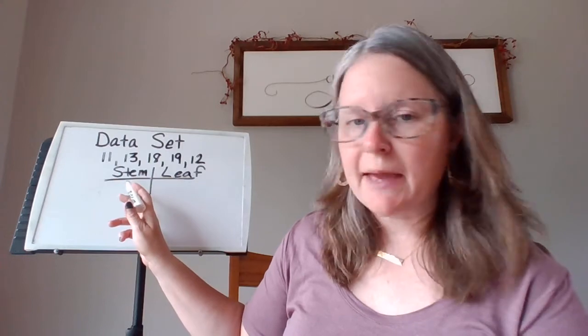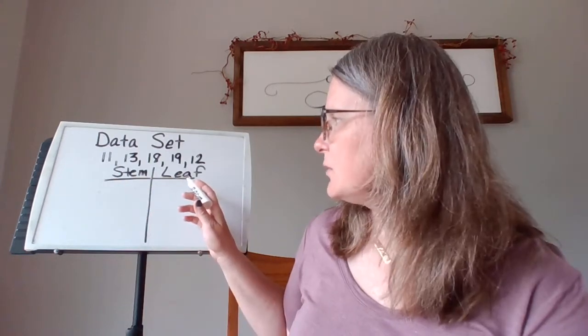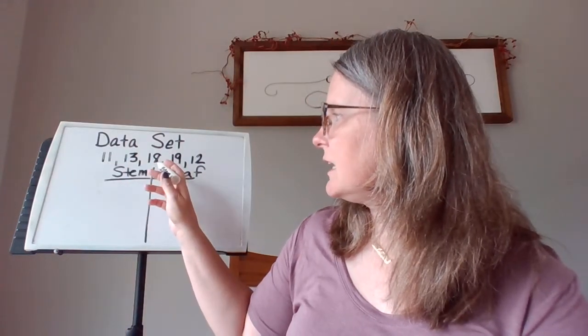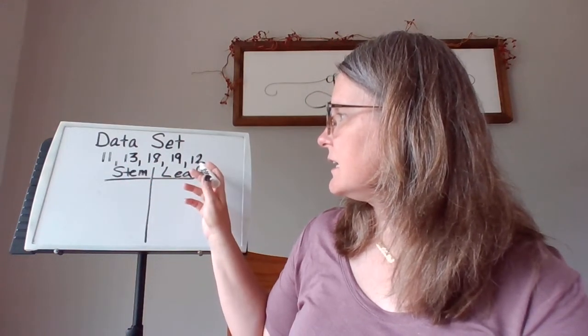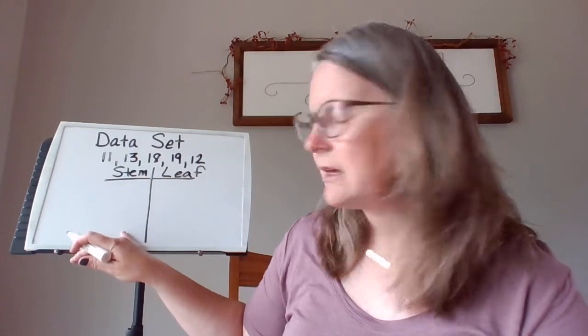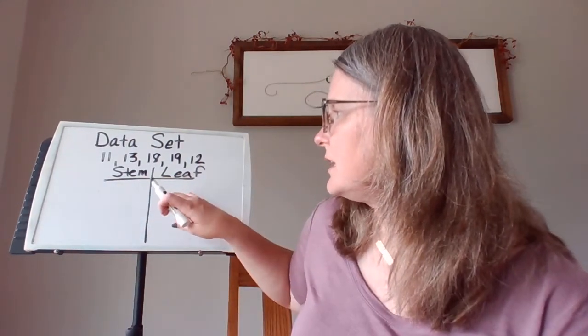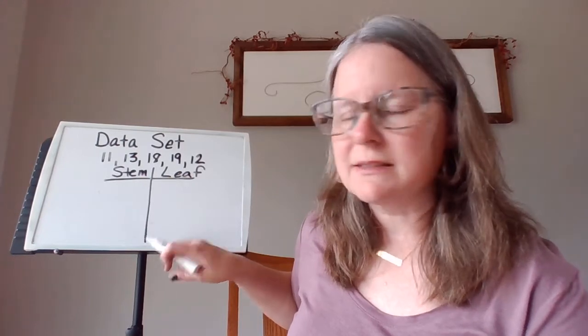One is labeled stem and the other is labeled leaf. And again, we have the same data set that we had before, 11, 13, 18, 19, and 12. In this situation, again, we know that our stem represents our tens and our leaf represents our ones.